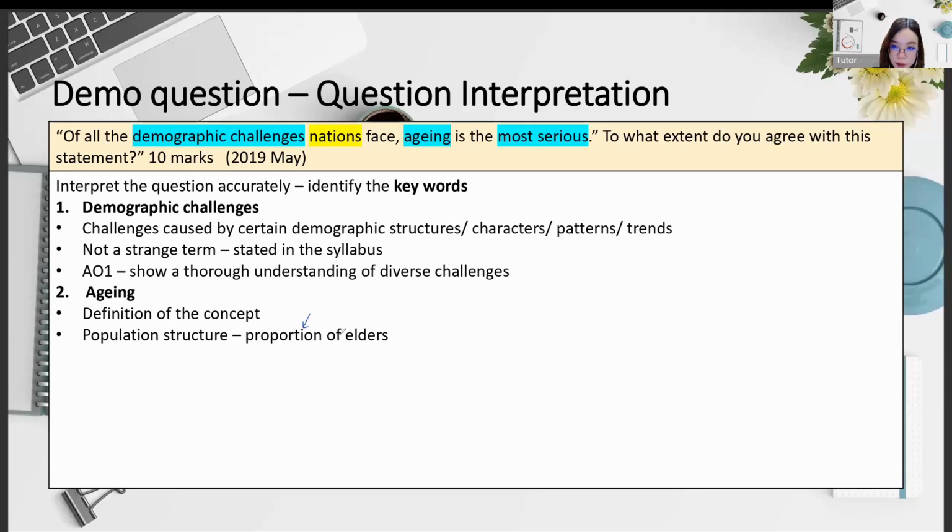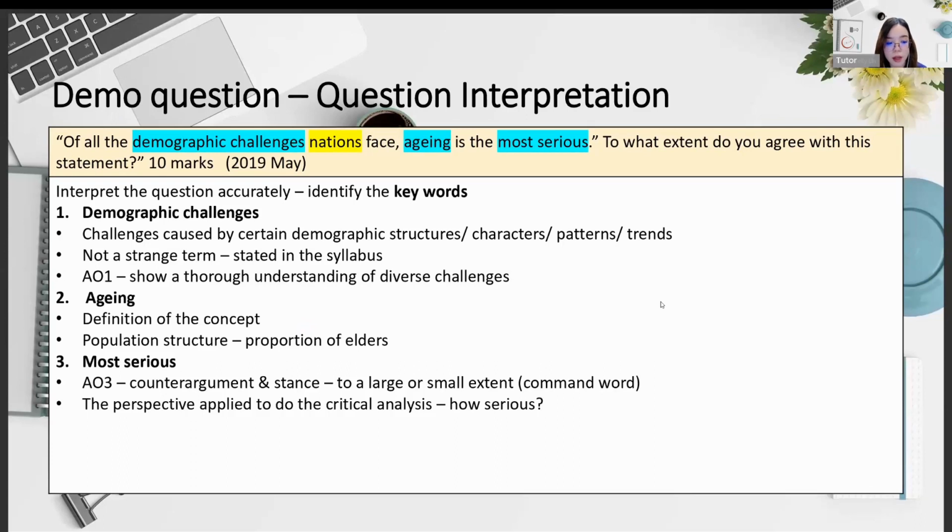Revisiting those definitions is again a key thing that you may need to do during your revision period. And in that case, aging is something straightforward. If it's something straightforward, don't write too long to define it.